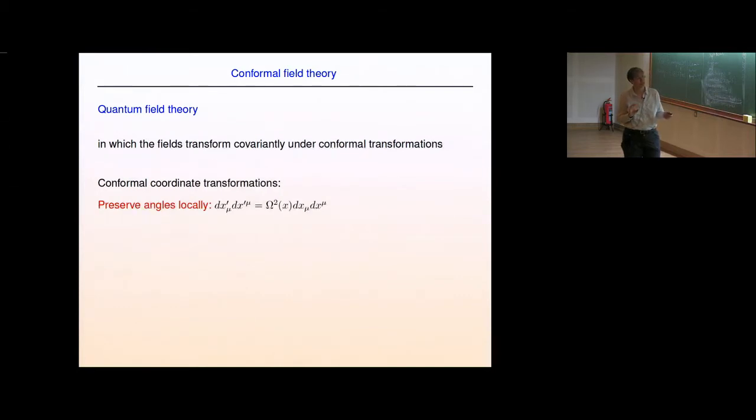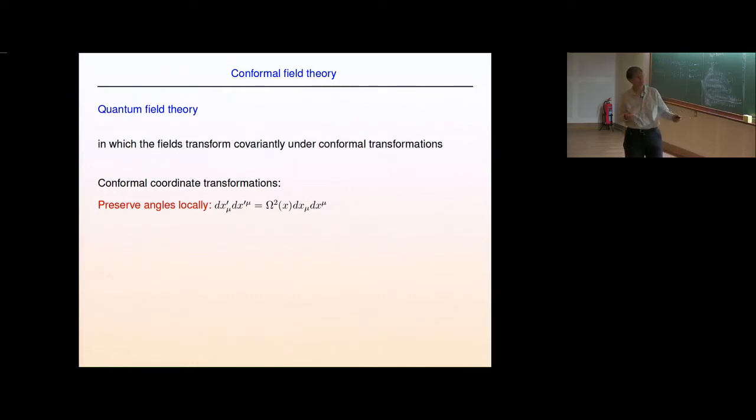If you get a new line element from an old one, you just get it by multiplying by some particular function. Imagine you had a general coordinate transformation, then you would have two matrices here acting on these indices. But here, this coordinate transformation takes a special form where instead of these matrices, you multiply by a scalar function, which happens to be called omega squared for some reason.